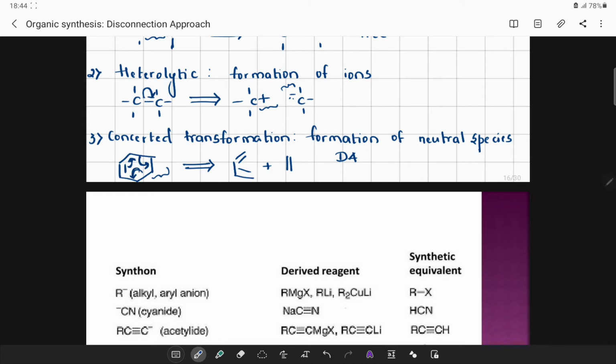We can see here that simultaneously all the bonds are getting opened. In such a system, there is formation of neutral species. For example, this diene is also a neutral species and the dienophile is also a neutral species. Such type of cleavages are called concerted transformation.